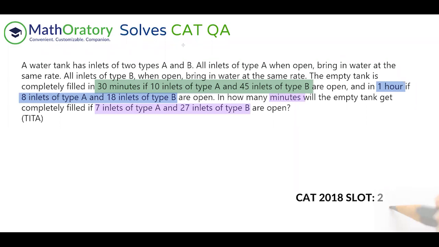Let's assume that each inlet of type A has an efficiency of A, and each inlet of type B has an efficiency of B. As simple as that.